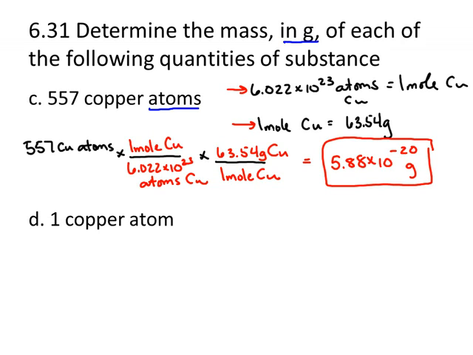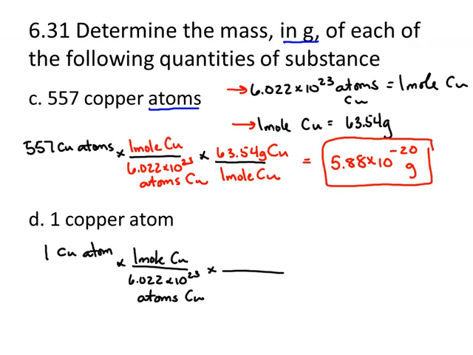All right, now we're going to work with 1 copper atom. Again, should be a pretty small number. And it ends up being identical in the way that we treat this, because we're still starting with atoms. So we still have 6.022 times 10 to the 23rd atoms copper on the bottom, to 1 mole of copper.